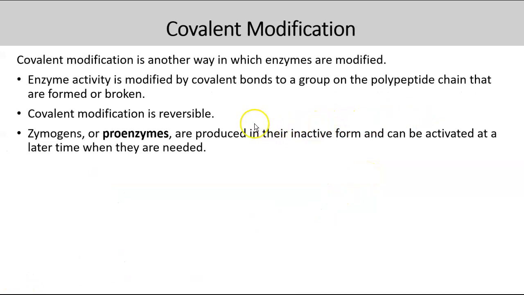The third type of enzyme regulation is covalent modification. Enzymes can undergo covalent modification, which means they can make covalent bonds to another functional group to change their shape and structure.